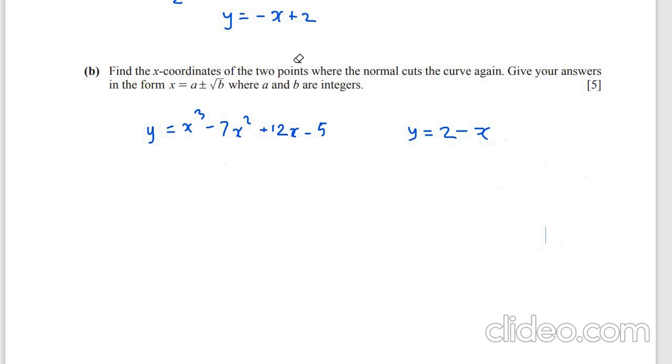So let's do that. So this will be equal to 2 minus x at the point of intersection. And now let's put everything together.